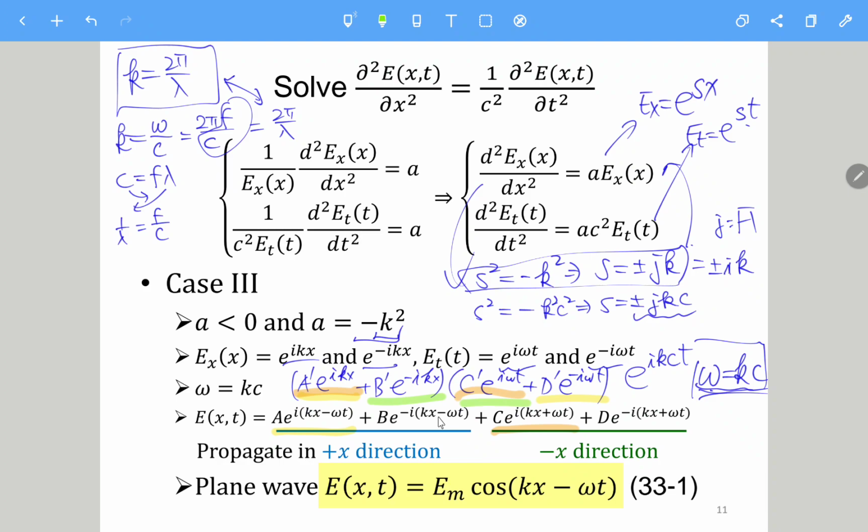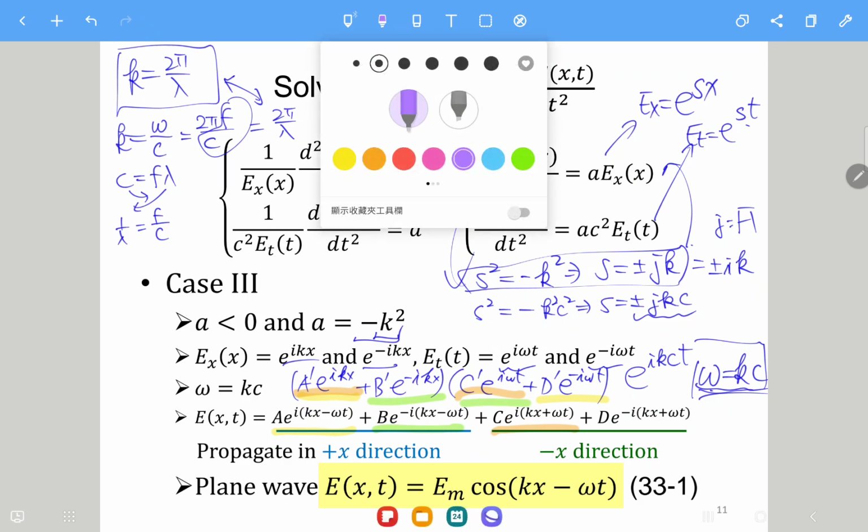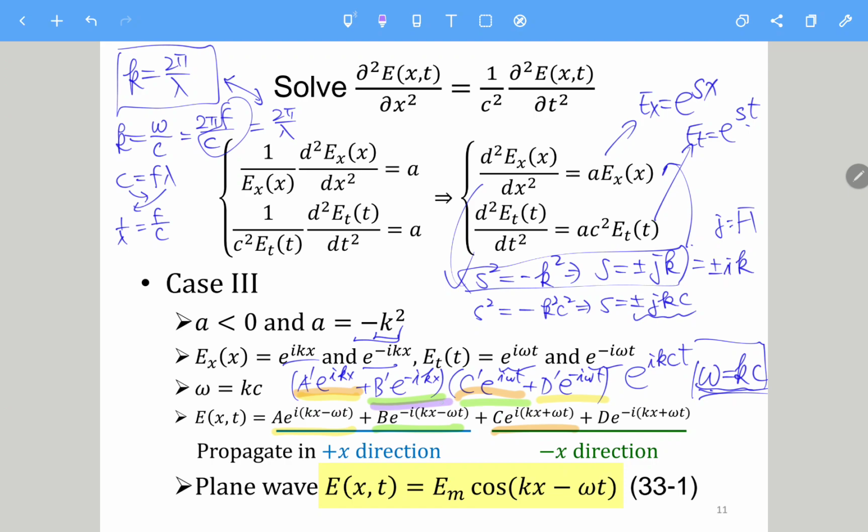Okay, so it is this one. And then finally, we also have this term multiplied by this term. So we have negative ikx, negative i omega t. Okay, so all together we have 4 terms.